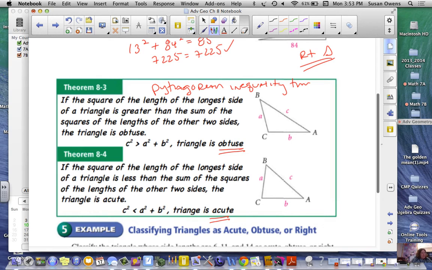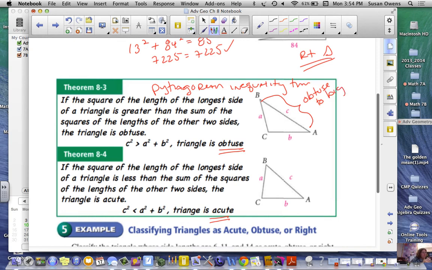So here is where I kind of think of Goldilocks and the Three Bears. So if c is too big, then when you do c squared, it's going to be too big for a squared plus b squared, and then we get something that is obtuse. Your hypotenuse is too big.